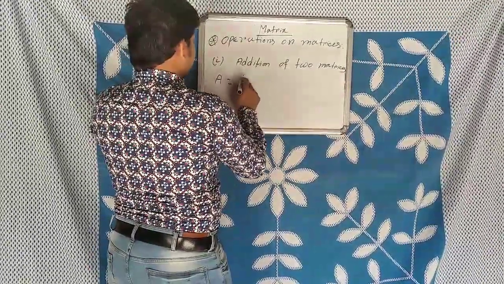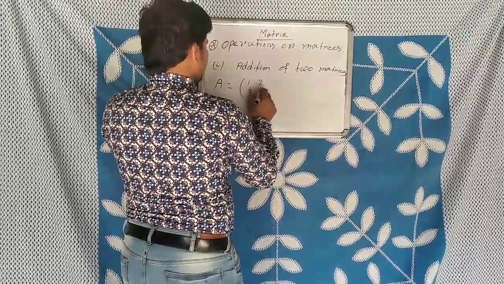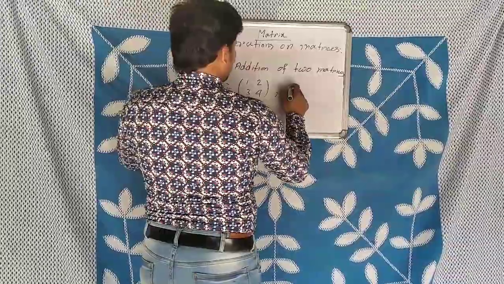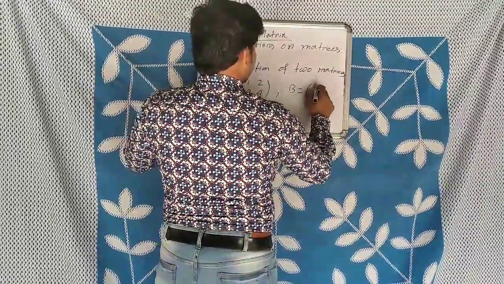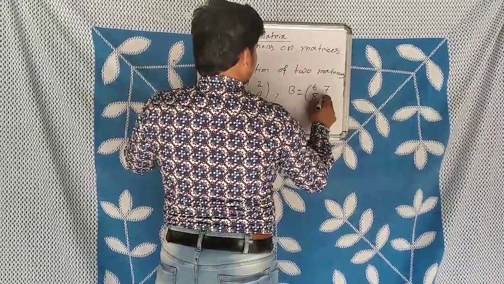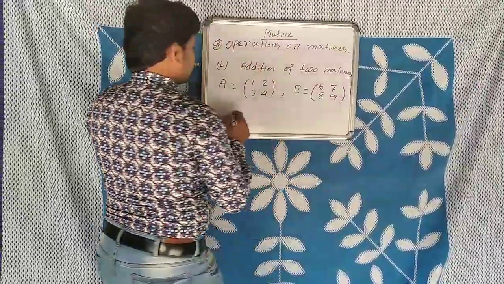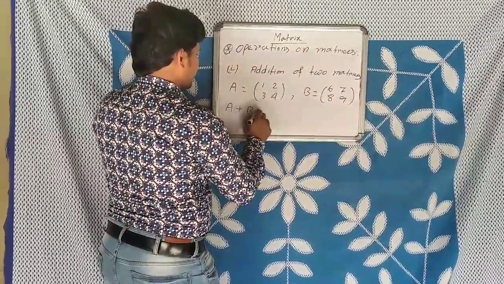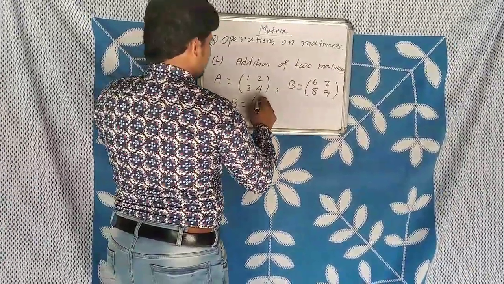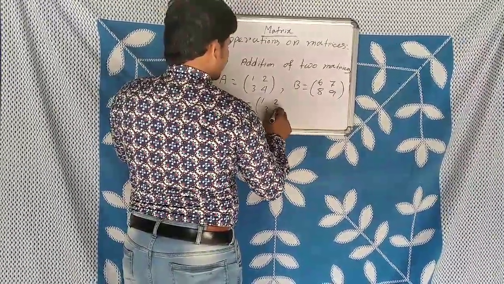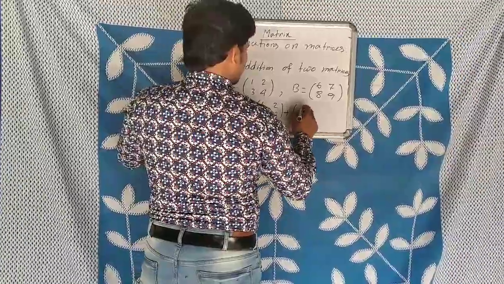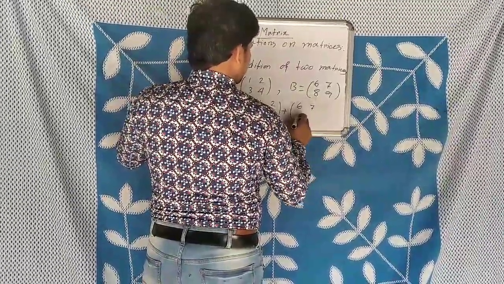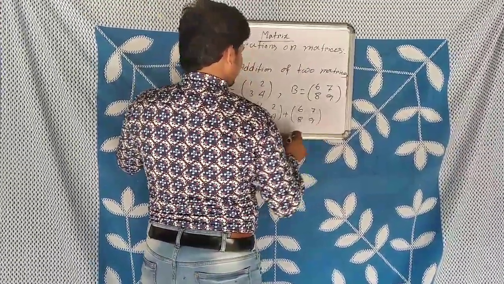Suppose capital A is a matrix 1, 2, 3, 4. Capital B is another matrix 6, 7, 8, 9. So A plus B, addition of matrices, means 1, 2, 3, 4 plus 6, 7, 8, 9.